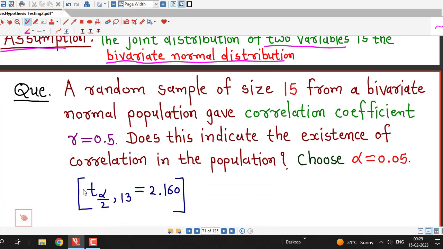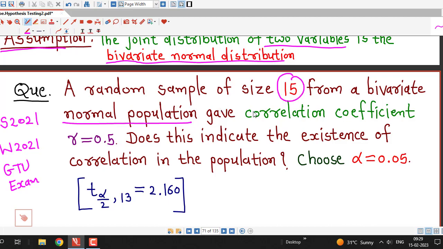Now we discuss an example of this hypothesis test on the correlation coefficient. This question was asked in the summer 2021 as well as winter 2021 GTU exam. The same question was asked in both exams. A random sample of size 15 from a bivariate normal population gave correlation coefficient r equal to 0.5.